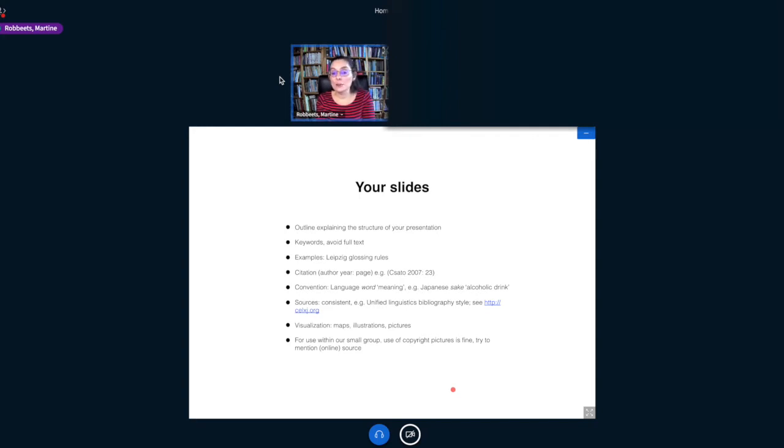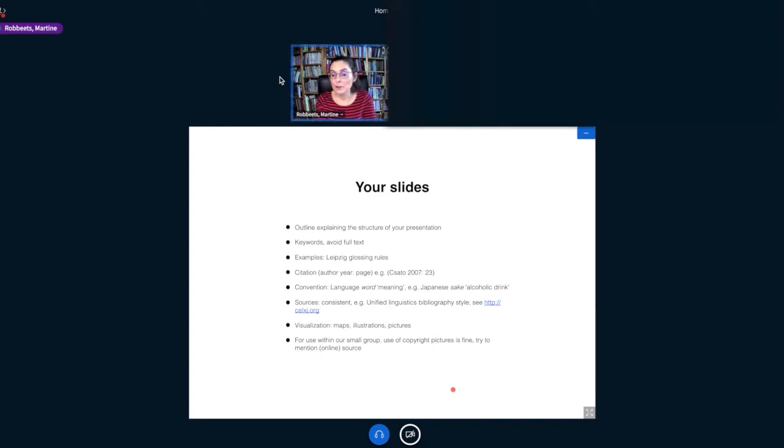Then you give the word, but the word is always in italics as it is a foreign form. So, for instance, Japanese sake would be in italics. And then you give the meaning of the word between single quotes, so 'alcoholic drink', for instance. That's the convention that is used not only in linguistic presentations, but also in linguistic articles.